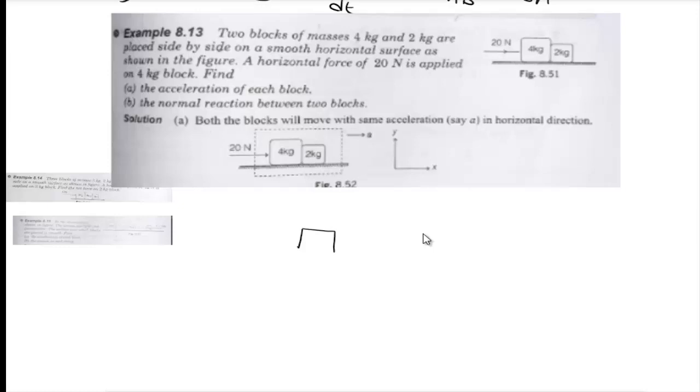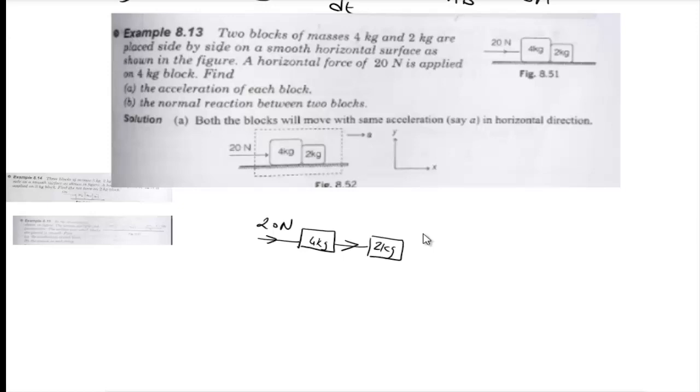Here a 4 kilogram mass is placed, and to it I am applying a 20 Newton force. Since I am applying a force here, it continues on the other side, right? So a force will be acting on this 2 kilogram mass also.